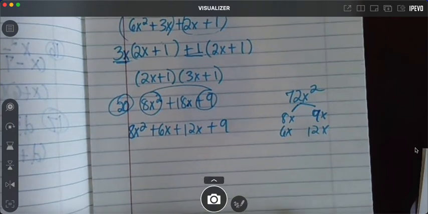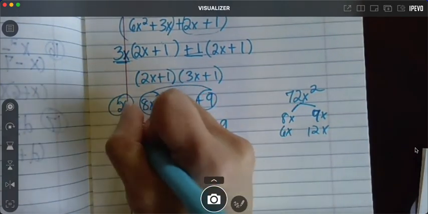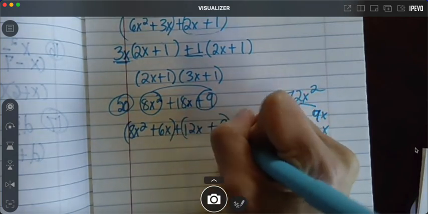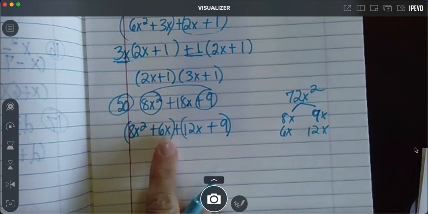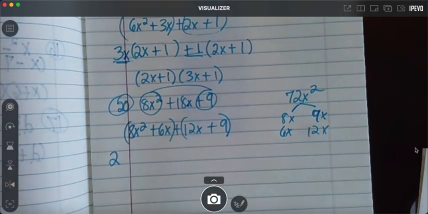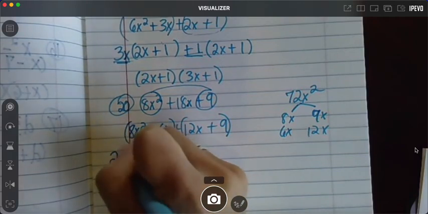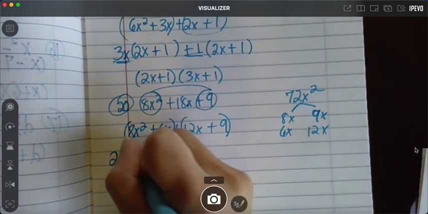Then what do we do? What do we do when there's 4 terms like that? We group them. What can I factor out? What number goes into 8 and 6? 2. And how many x's can I factor out? Just the 1. What's left? What's 8 divided by 2? 4.